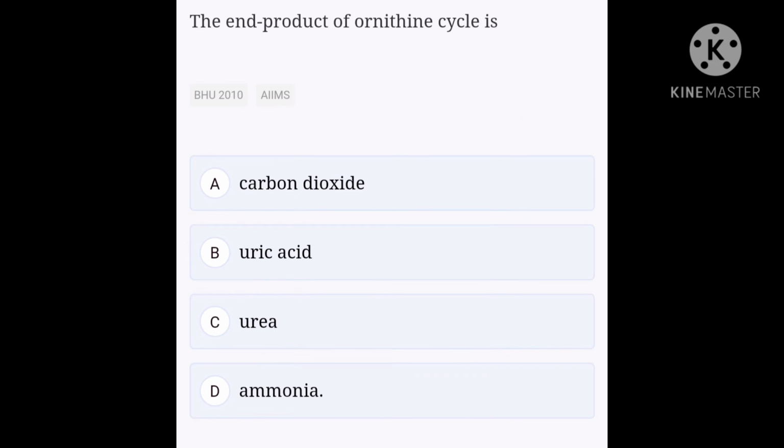Okay, next question. The end product of ornithine cycle is option A, carbon dioxide, option B, uric acid, option C, urea, option D, ammonia. In ornithine cycle, urea is formed from two molecules of ammonia and one molecule of carbon dioxide.